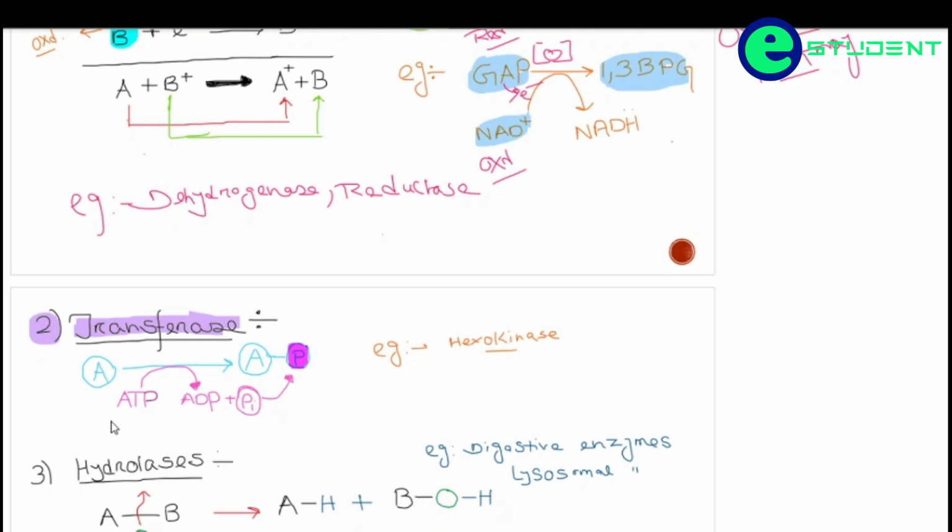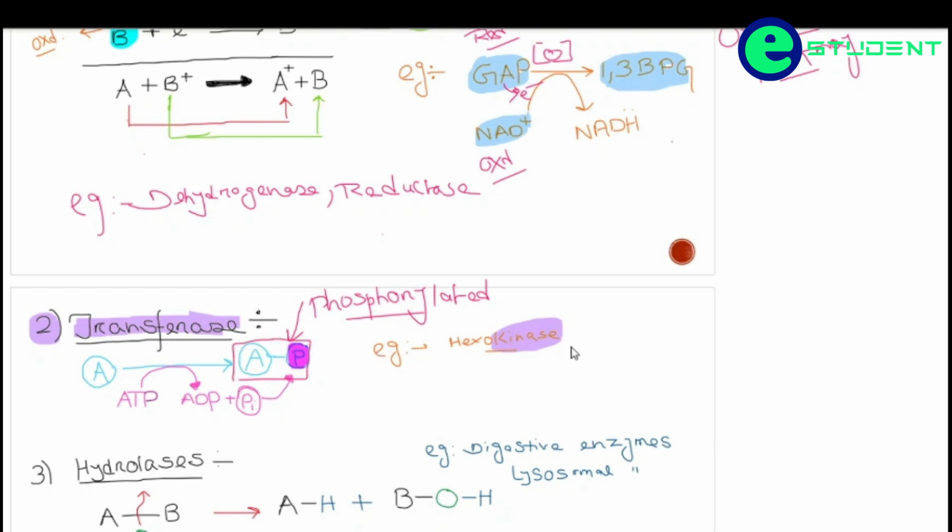Mainly kinase-type enzymes catalyze this kind of transfer of a group from one molecule to another, which then becomes phosphorylated.